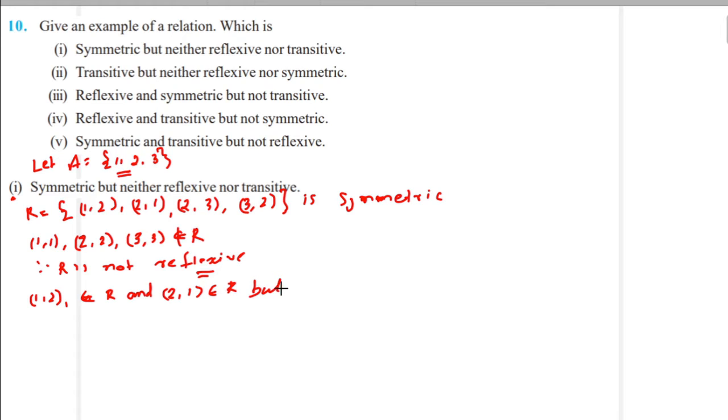But here (1, 1) does not belong to R, therefore R is not transitive also. Okay, clear? Then next one, transitive but neither reflexive nor symmetric.